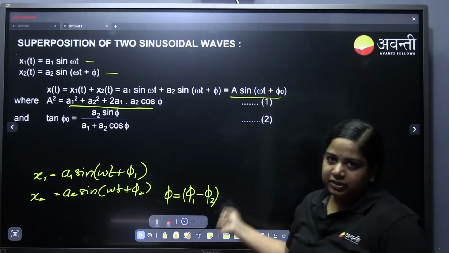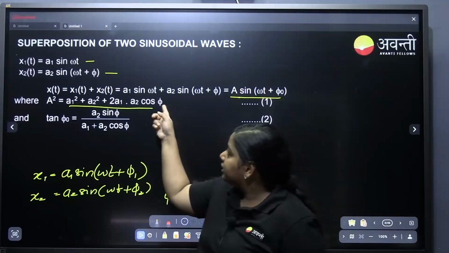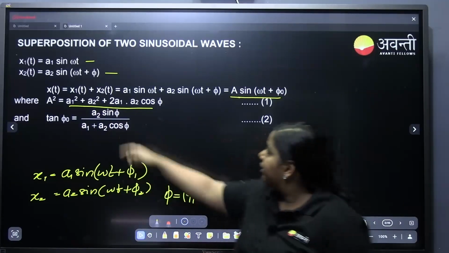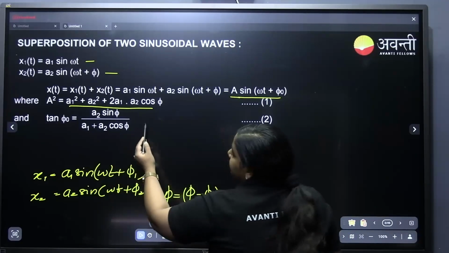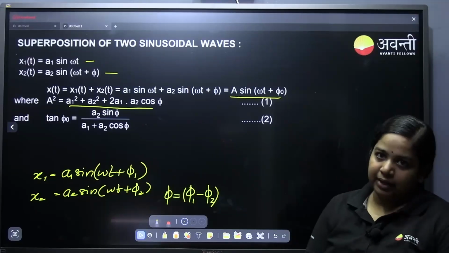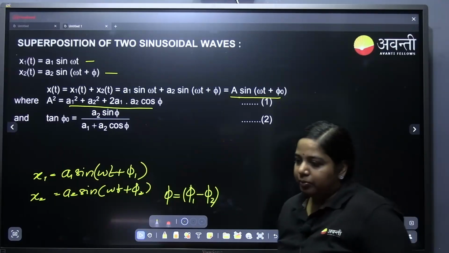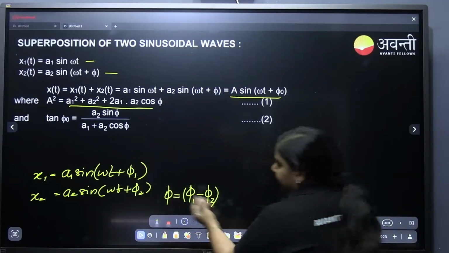Change in phase difference we have to assume there. And how to find this phi naught? That phi naught is given by tan phi naught equal to a2 sin phi divided by (a1 plus a2 cos phi). I hope that's clear for all. Here also you have to find phi like this.